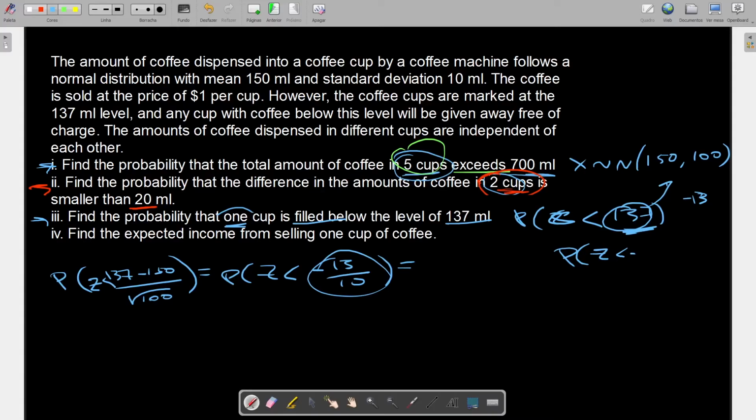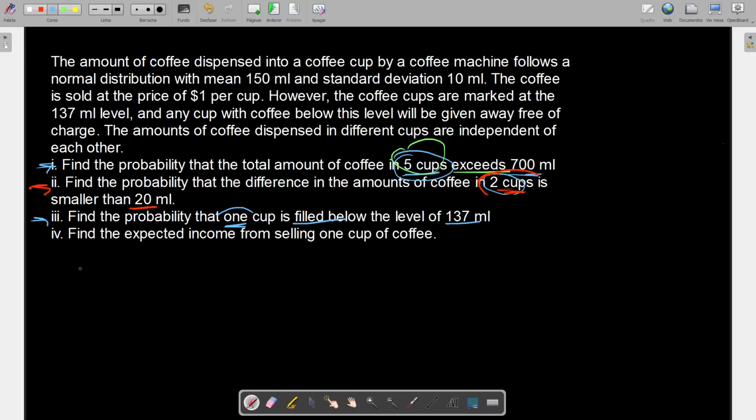So minus X is the same thing as having the probability of Z greater than X. And because the whole point of this table is to find a value that is less than or equal to a value, and you have this version, you do 1 minus X, the value that you have inside. And if you check the table, you will find that this value is 0.0968.